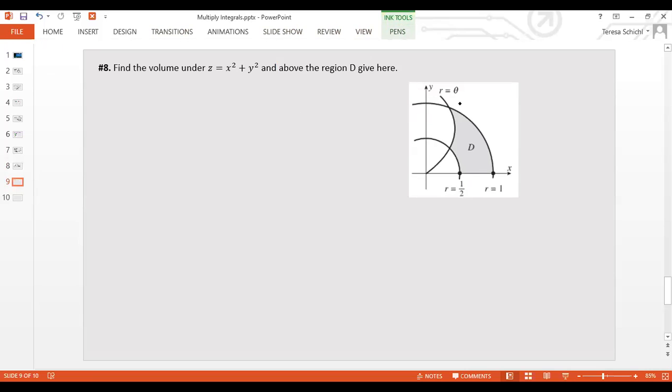Now let's take a look at this region. Nice enough, they already changed it to polar for us.